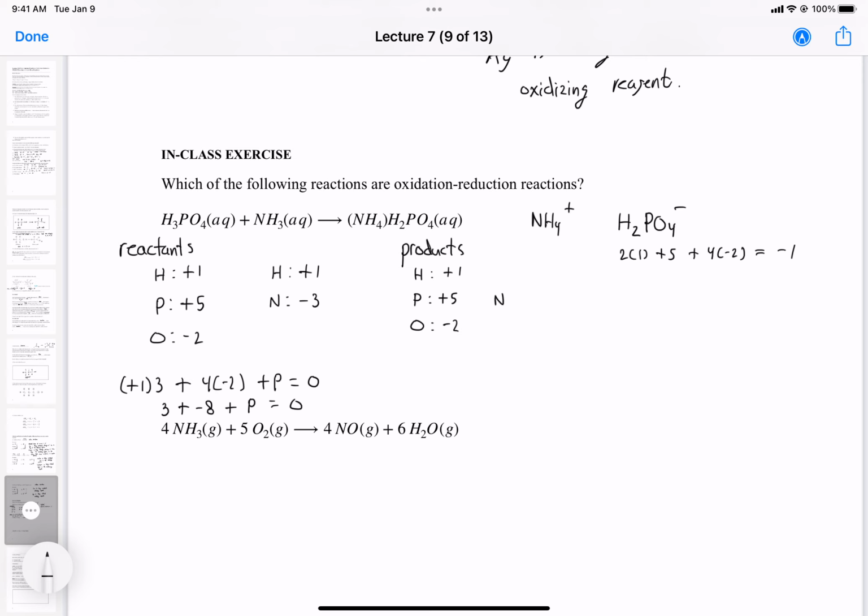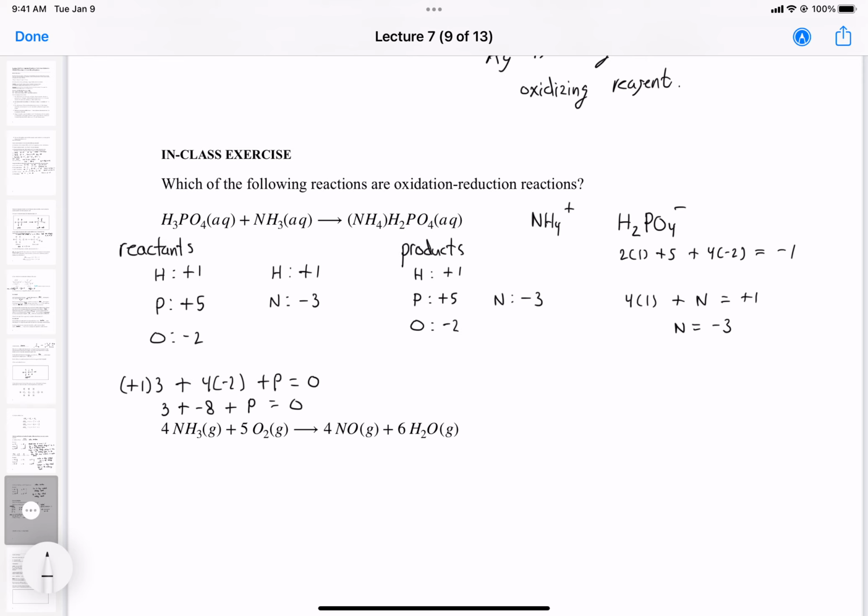Now, for nitrogen's case, there's still a +1 for hydrogen, right? So there's 4 times 1 plus nitrogen, which equals +1 this time. So what should nitrogen be? Well, nitrogen should still be -3, because that gives a total of +1 for the ion. So nitrogen is still -3 here if we subtract 4 from both sides.